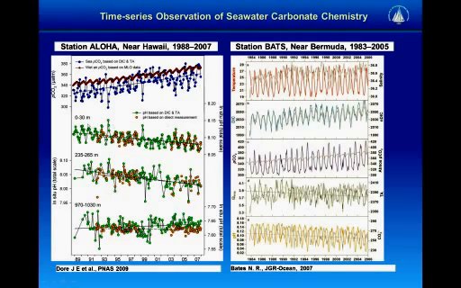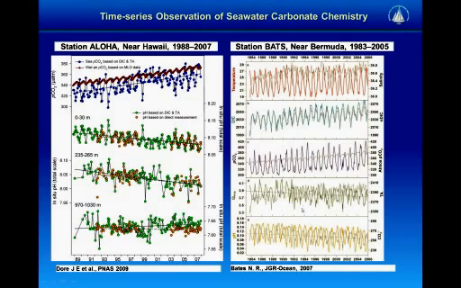And you see that pH decreases at a rate of about 0.001 pH unit per year. This decrease can penetrate up to about 1,000 meters, and below 1,000 meters, at least at this site, there is not much change in pH or other CO2 parameters.